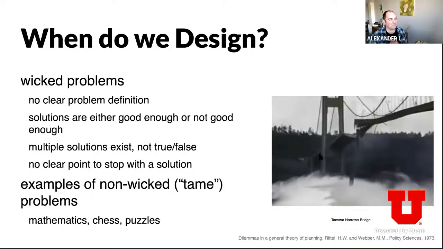So I recommend that you take a look at this video, play it, because it's a very striking thing, because here clearly the solution was not good enough for that design problem, because not all of the constraints, in this case wind, were properly considered.